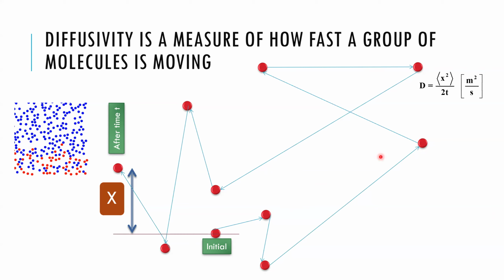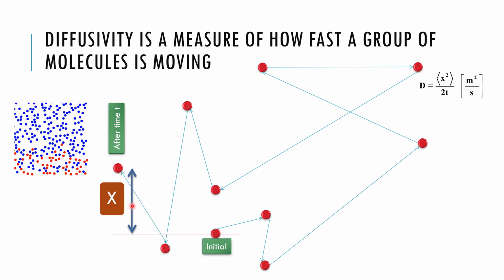If I take the movement x that this molecule has, only in the x direction, and I square it, because it could have gone in the negative direction, so we don't want to cancel out those movements.